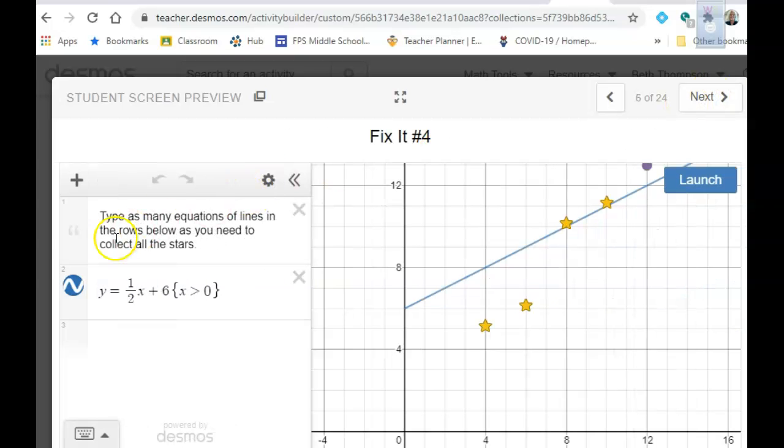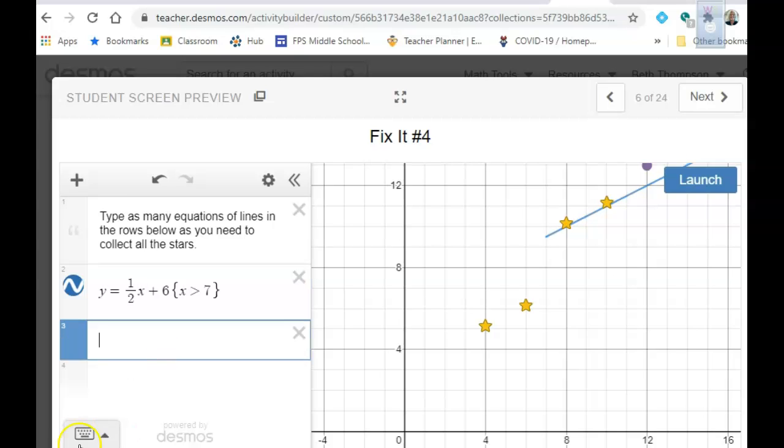Then you get to fix 4, and it says type as many equations. Now, notice this one said greater than 0. Maybe I want this to stop at where this top star is, which means I want it to go to 7. See how it changed the line to a 7, right? I need another equation.